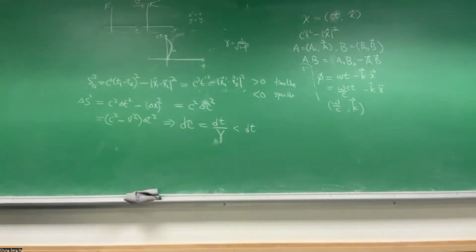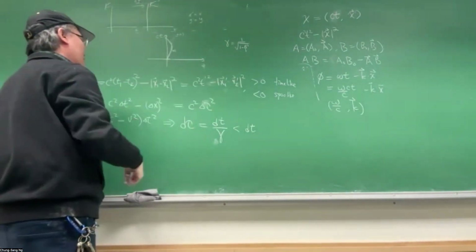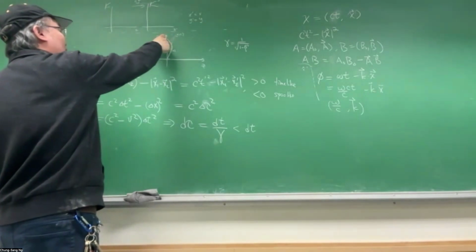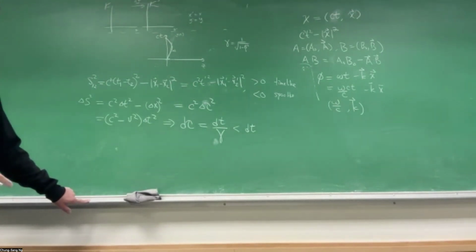All right, so that means that the twin going on a trip, going somewhere and coming back, ages less than the twin staying behind.